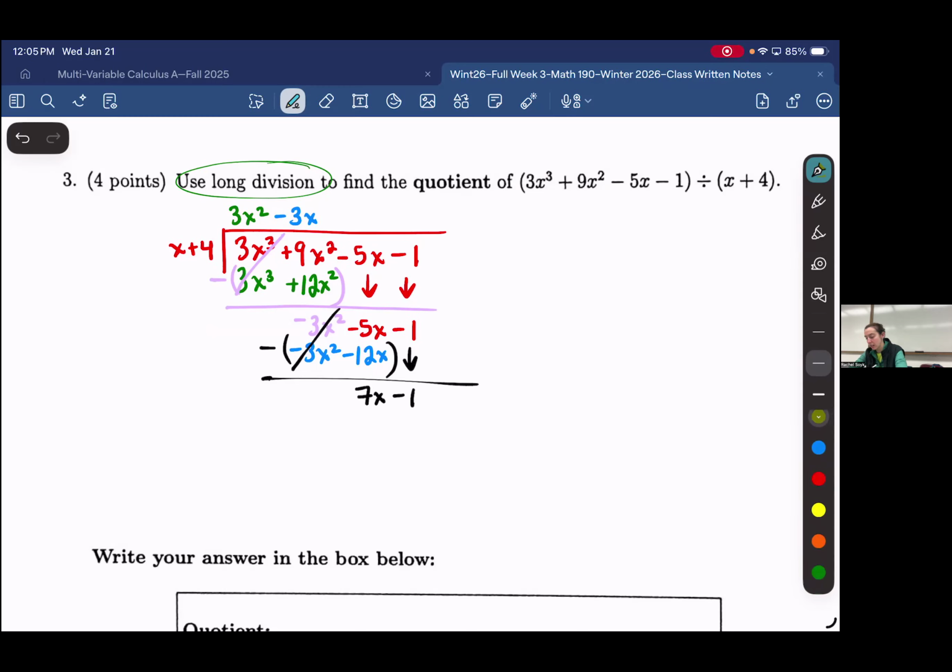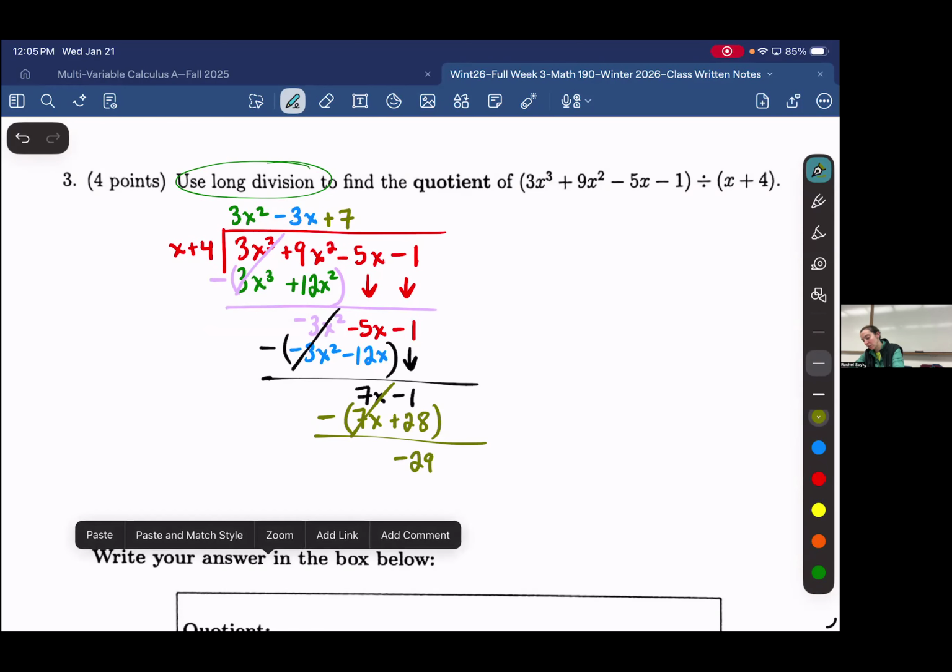Repeat the process. X times what gives you 7x? Take the product, we get 7x plus 28. Subtract, first term cancels out. Negative 1 minus 28 gives you a remainder of negative 29.